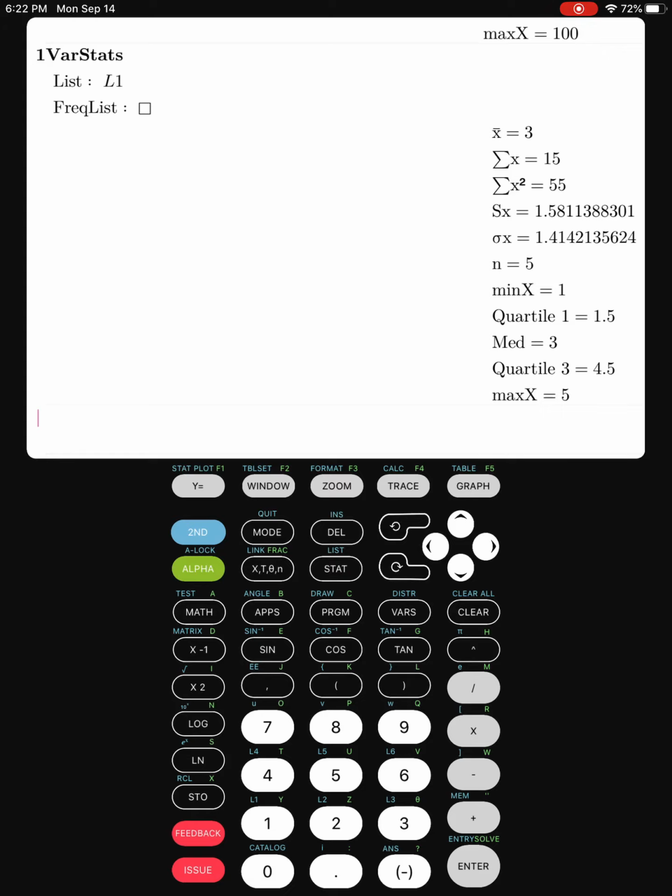If we were trying to find the sample standard deviation, then what we would want is that capital Sx that shows up right above the sigma, the one that reads 1.58113888301. That is what it gets when it calculates the sample, because remember the formulas are different, right? X bar and mu are the same thing as far as the calculator is concerned, because it uses the same formula to find them.